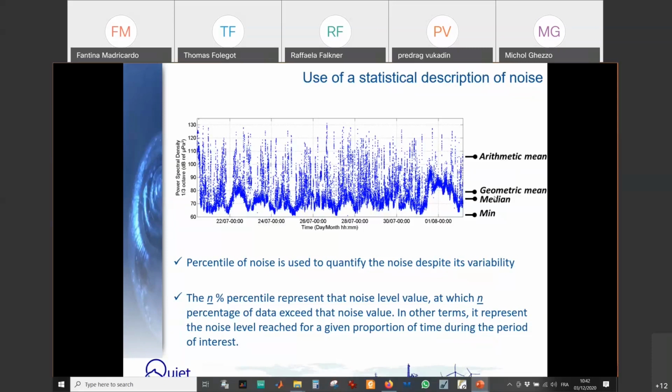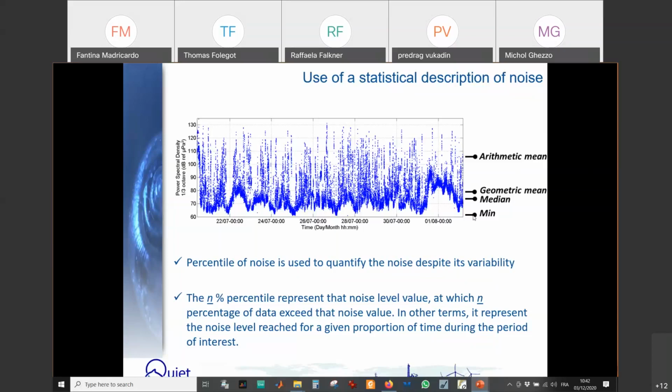So if you do the geometric mean, you end up here. Okay, is that a better description of my data set? I don't know. I don't think so. It doesn't describe much more than the arithmetic mean, neither the anthropogenic noise nor the background noise.